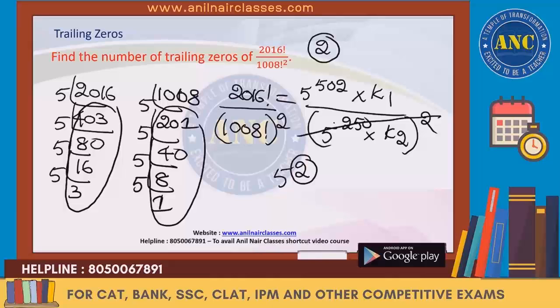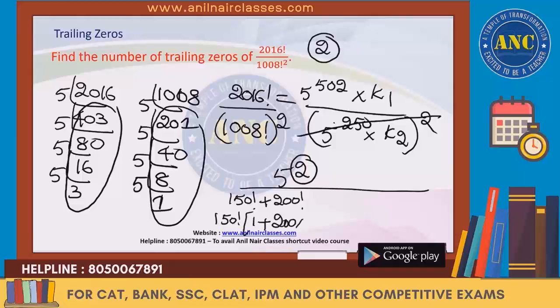Ambika asks, sir, why can we not take common in 150 factorial plus 200 factorial? It is a plus sign. If I take 150 factorial common, we get 1 plus 200 into 199 and so on, and this is divisible by 5.